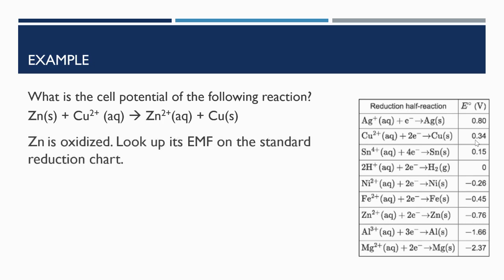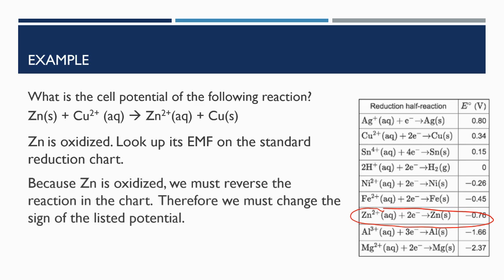If we look at zinc, zinc is oxidized in this reaction. So we can look zinc up on this reduction table, and you'll notice that zinc is down towards the bottom and it has a negative reduction potential. But if we flip the reaction for the oxidation potential, then we can flip that sign and we get zinc forming zinc 2 plus plus 2 electrons is a positive 0.76 volts. Anytime a redox reaction occurs, one substance has to be reduced and one has to be oxidized.